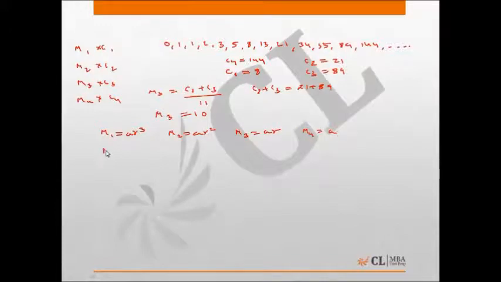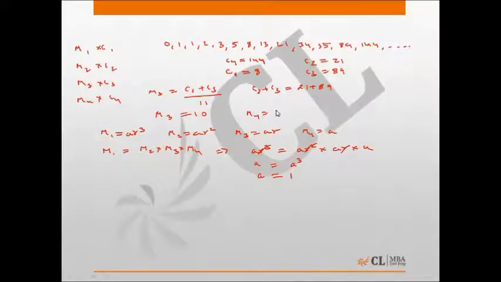Now M1 is equal to M2 into M3 into M4. Let's solve this. This implies AR cube is equal to AR square into AR into A. R cube will get cancelled by R cube. I'll get A is equal to A cube. This is possible only when A is equal to 1. So I have got my M4 as 1.